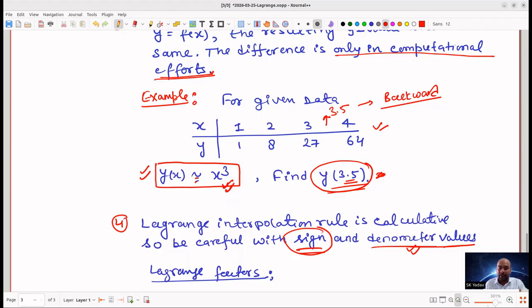When x values are large, in tens or thousands, and y values are correspondingly even larger because they approximate some polynomial, be careful and decide whether to use backward or forward for equally spaced data points. And if data points are not equally spaced, we have only one option: we have to go for the Lagrange interpolation formula.